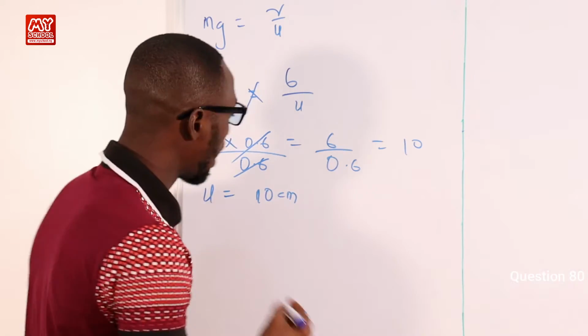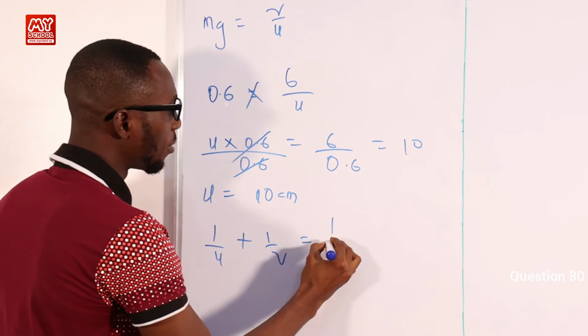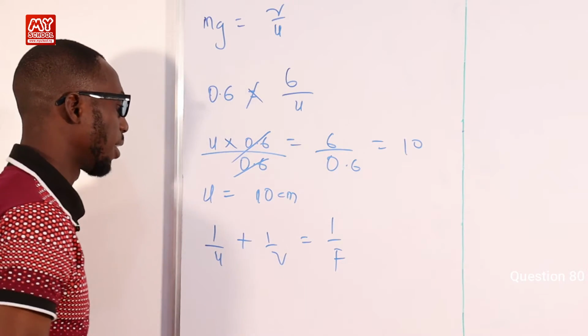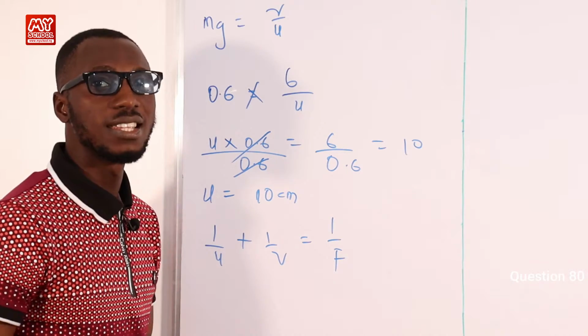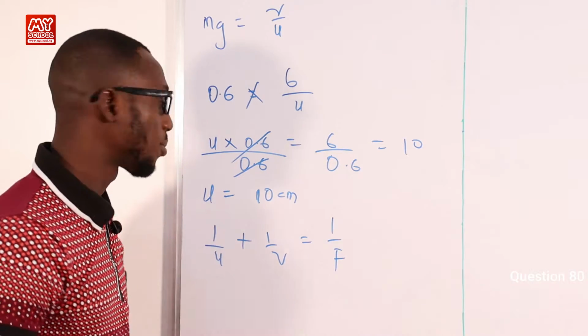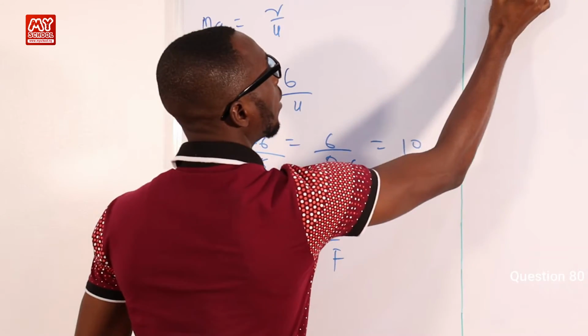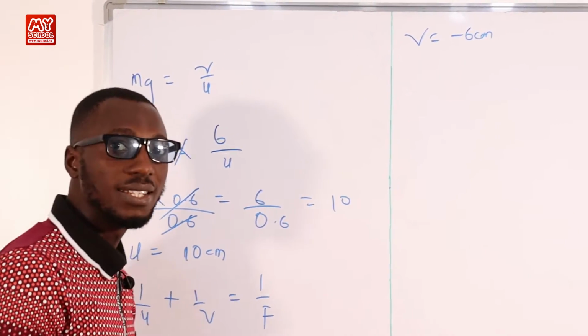So you will recall that 1 over U plus 1 over V equals 1 over F. This is focal length. For a convex mirror, the image formed is virtual and erect. So that implies that V will be negative. So image distance will be -6 since it's formed behind the mirror.